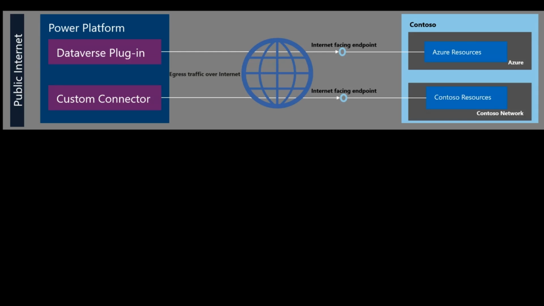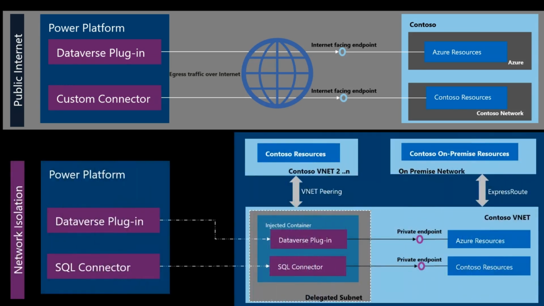Every resource needs to open a port, or needs to be available over a public IP to access it. Now with VNet support, you don't have to make your services available over the internet. Instead, Power Platform services like Dataverse plugins or the SQL Connector will be able to connect directly to your resources within your network, as you see in this diagram.